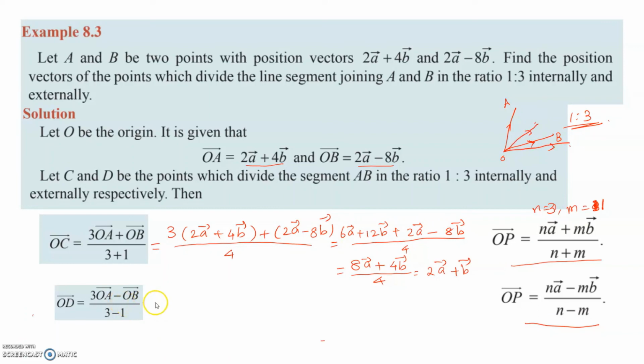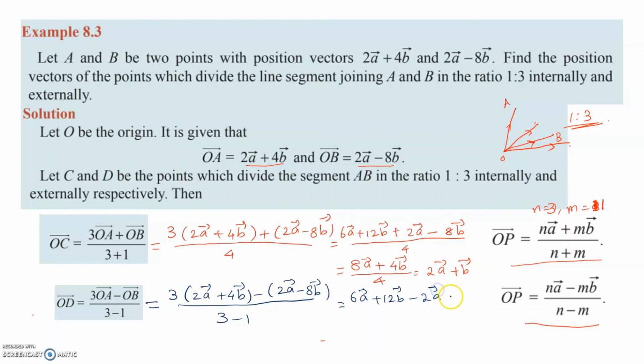So applying this here, 3 times 2a vector plus 4b vector minus 2a vector minus 8b vector divided by 3 minus 1 is equal to 6a vector plus 12b vector minus 2a vector plus 8b vector, and that's divided by 2.